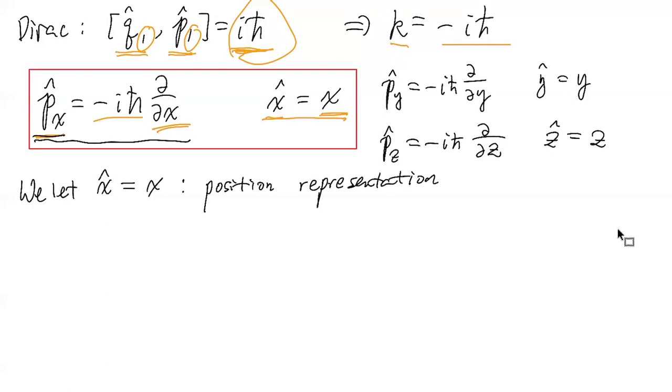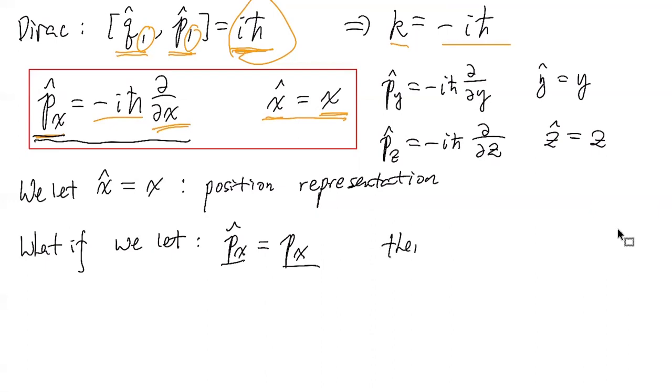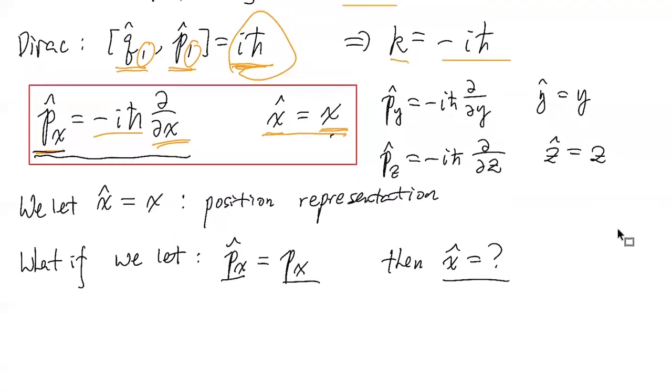Okay. But you will say, what if we let Px simply be Px? The momentum operator simply equal to the momentum itself. Then correspondingly, what is the x operator? Then x is not going to be equal to x, because otherwise you will not have this commutator iħ, right?